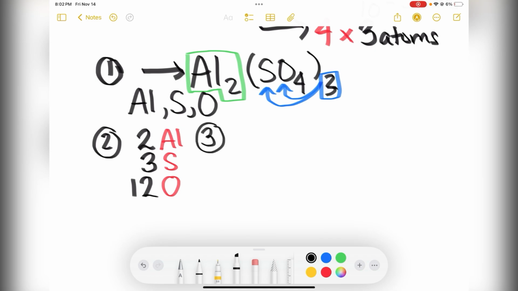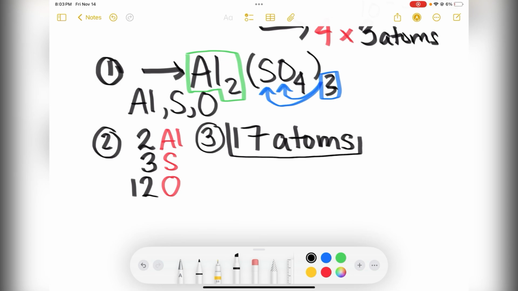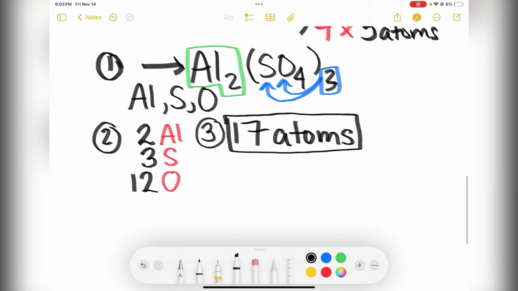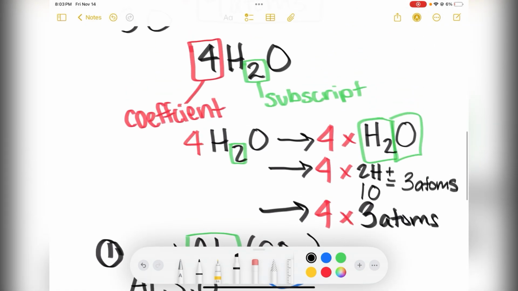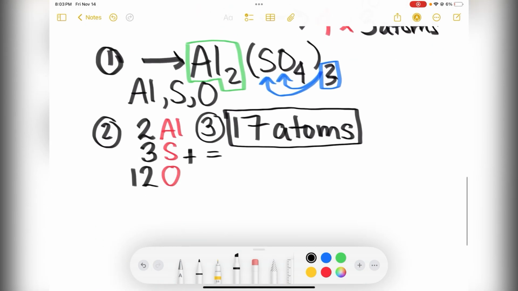So we have 2 plus 3 plus 12, which equals 17. 17 atoms. That's when we added them up and equaled out to 17 atoms. And that is how you solve this problem right here.